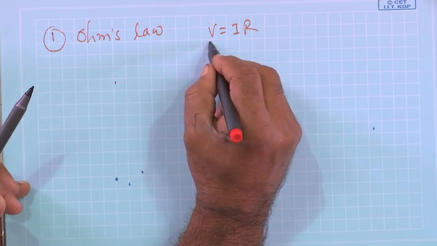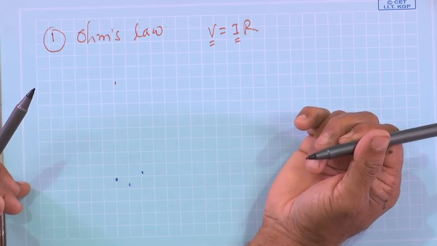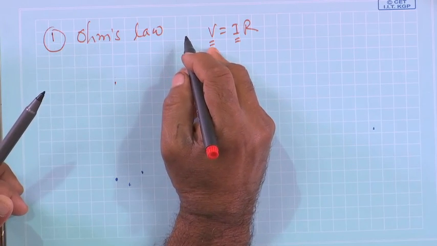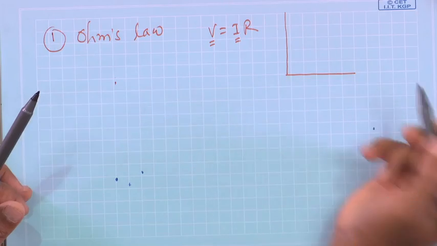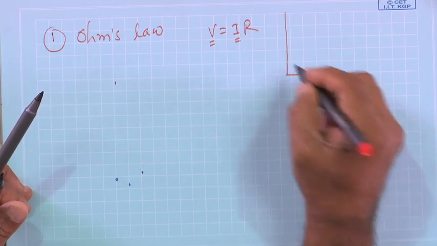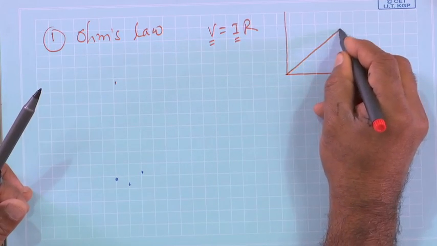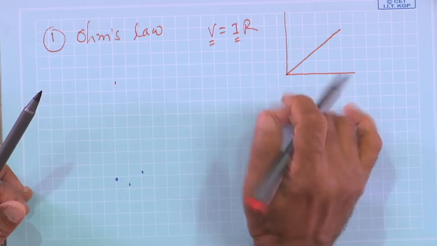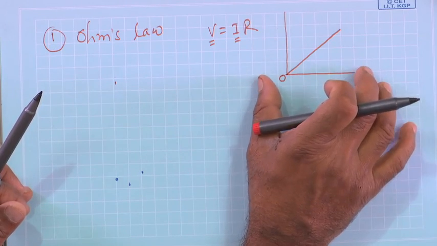Basically you are varying I and measuring V. You know how to measure Ohm's law, and you know this is a linear relation between V and I. Theoretically, the relation can be represented by a straight line passing through 0. This is the standard one.